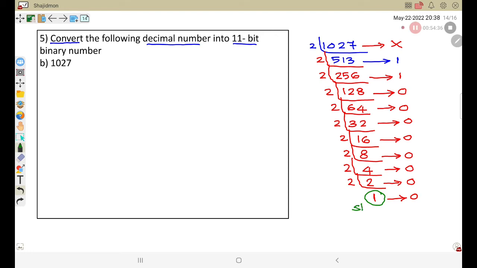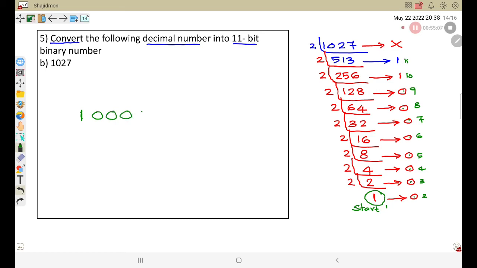Now we are writing the answer starting from here. This is the first one, second, third, 4, 5, 6, 7, 8, 9, 10 and 11. Okay, so we can write the answer starting 1. Then how many zeros are there? 1, 2, 3, 4, 5, 6, 7, 8 zeros.